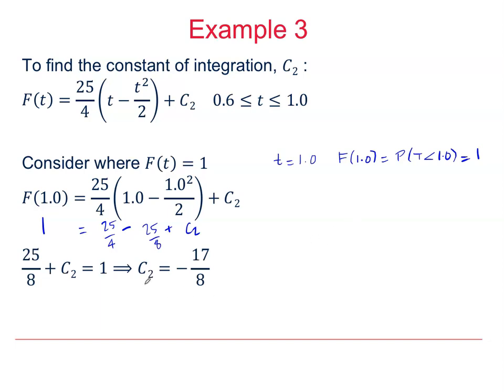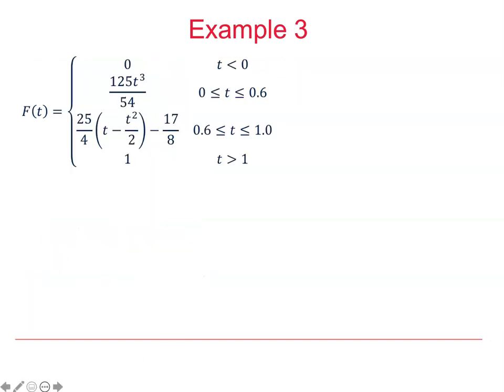Rearranging that, we see that C2 comes to minus 17 over 8, and we can then carry that forward and substitute into the full CDF. Here we see the CDF fully specified in each of the 4 regions, and we can see that we've entered the values for C1, which was 0, and C2, which was minus 17 over 8.